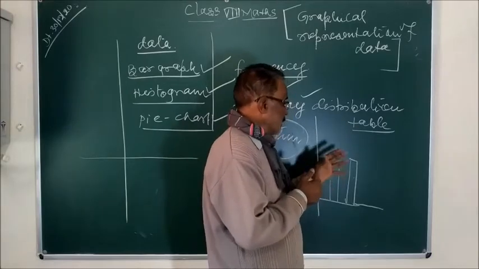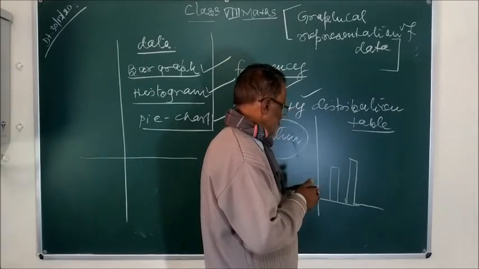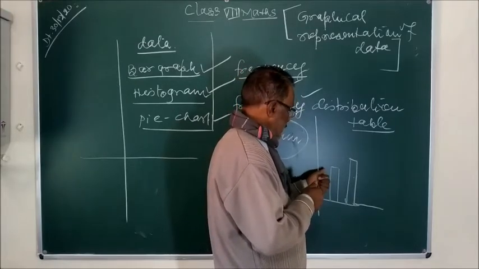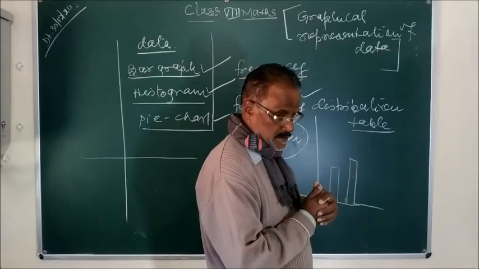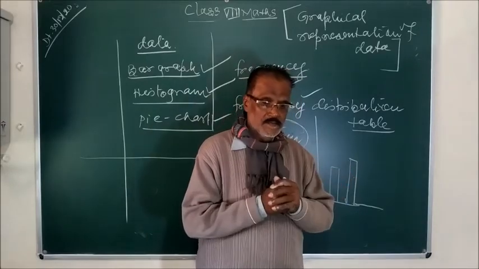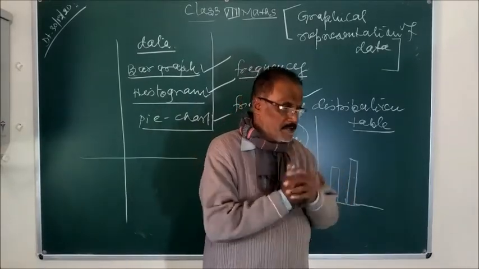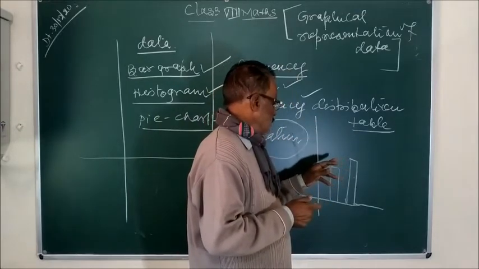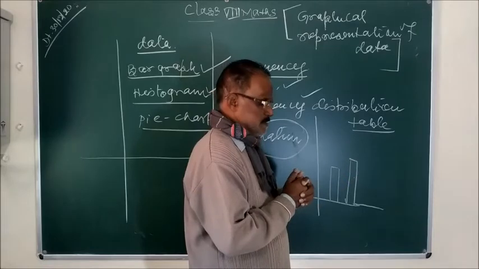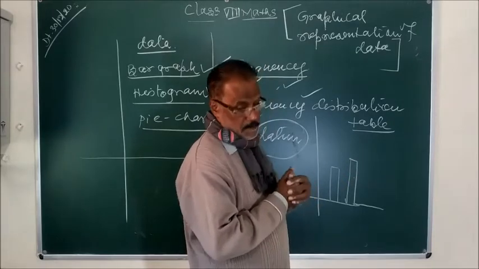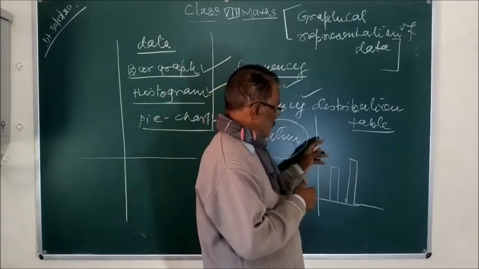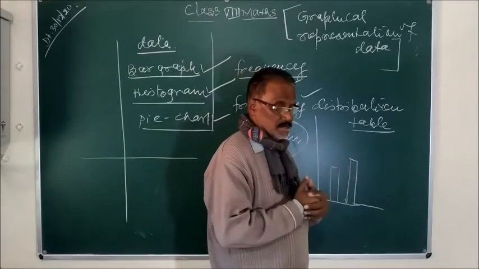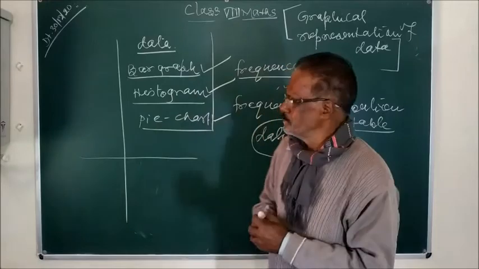If you use graph paper, it will be easy to draw the bar graph, because there will be no problem taking the equal width and equal distance. So better you draw all the bar graphs on graph paper, because you must have used graph paper in previous class 7.